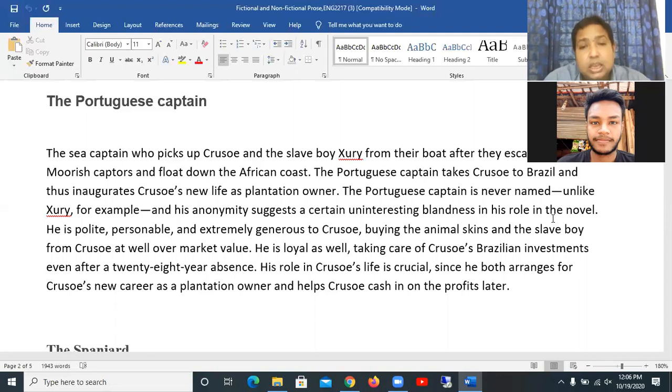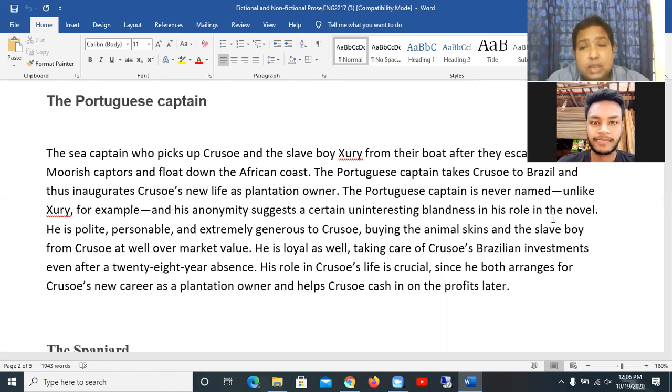His role in Crusoe's life is crucial. So Crusoe and we, the readers, cannot deny the role of the Portuguese captain in the transformation of Crusoe, the importance of this Portuguese captain at all.